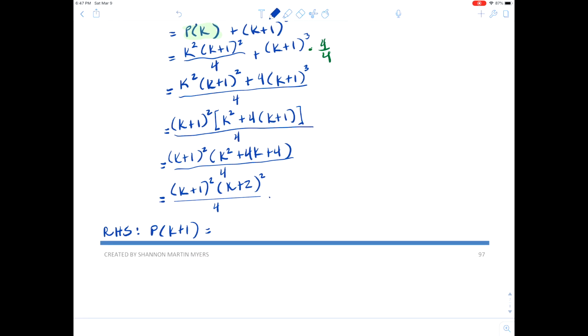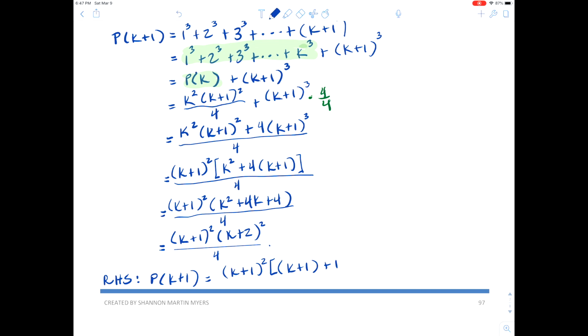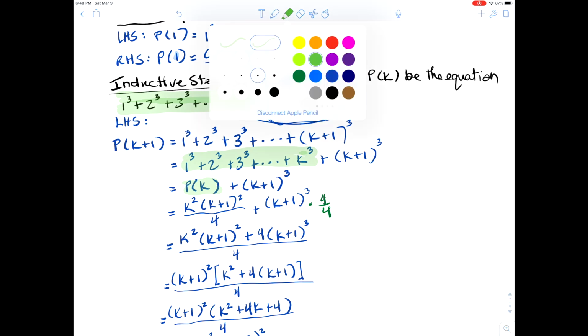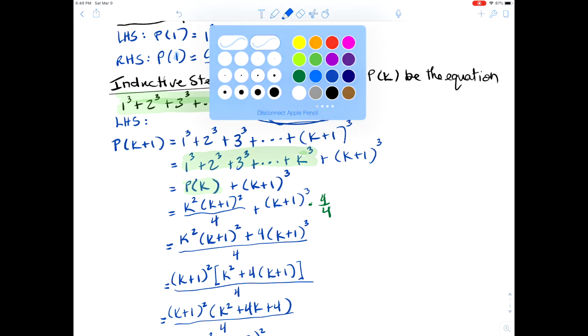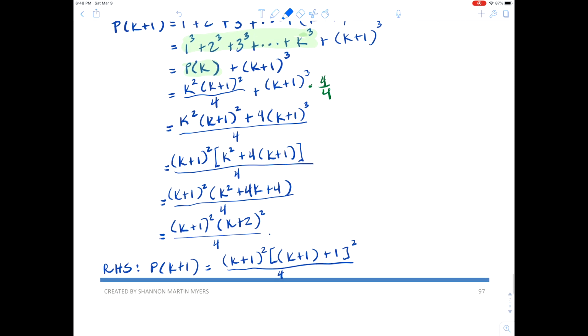So we will have (k plus 1) squared times (k plus 1 plus 1), the quantity squared, all over 4. So in for this one, I just did these guys. In for k, I put k plus 1.